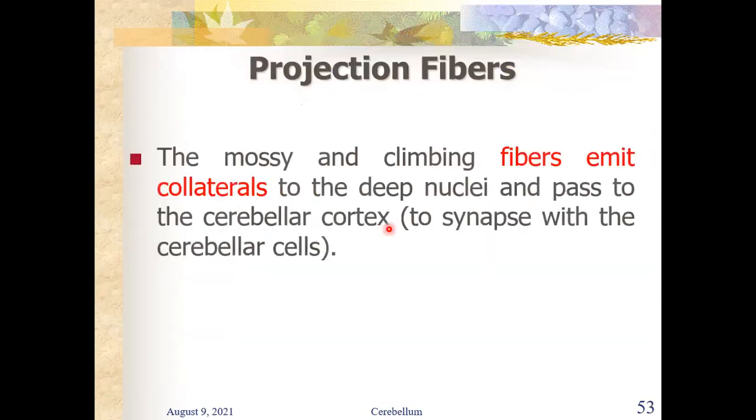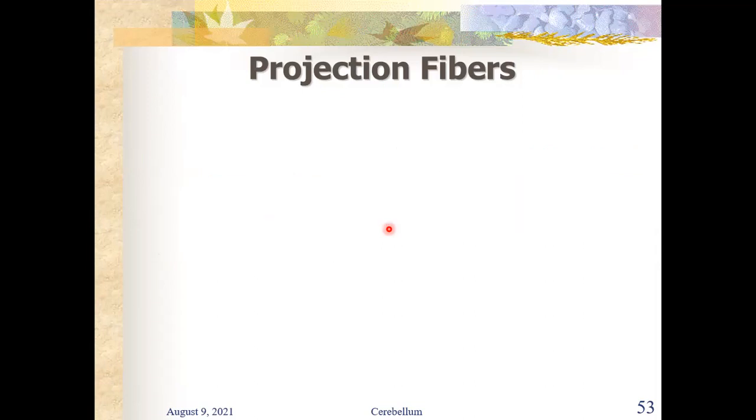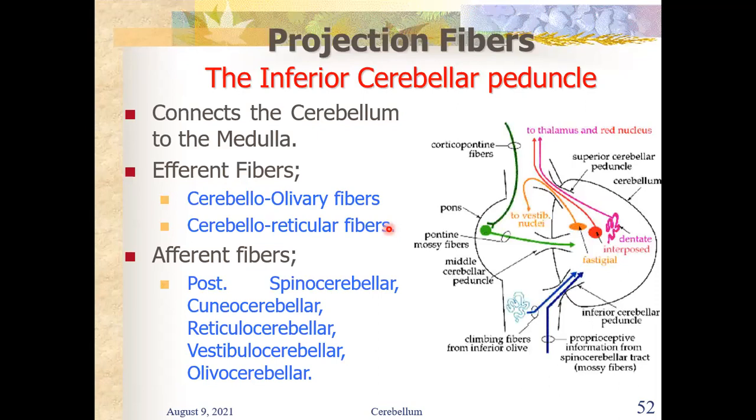So we also have a summary of the projection fibers. We have mossy and climbing fibers, which emit collaterals to the deep nuclei, as you can see here. The mossy fibers come in and then go into the cerebellar cortex to make connections.